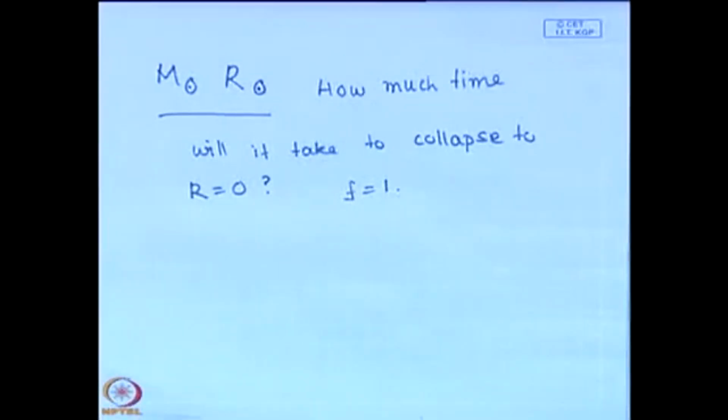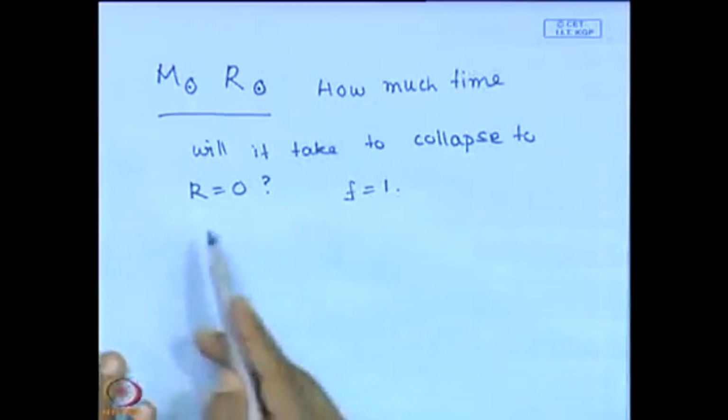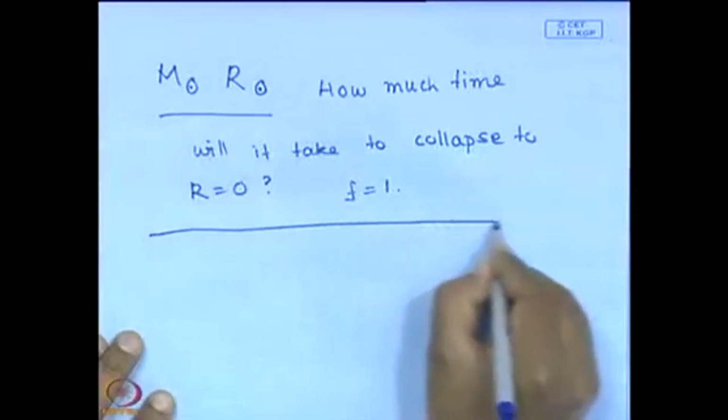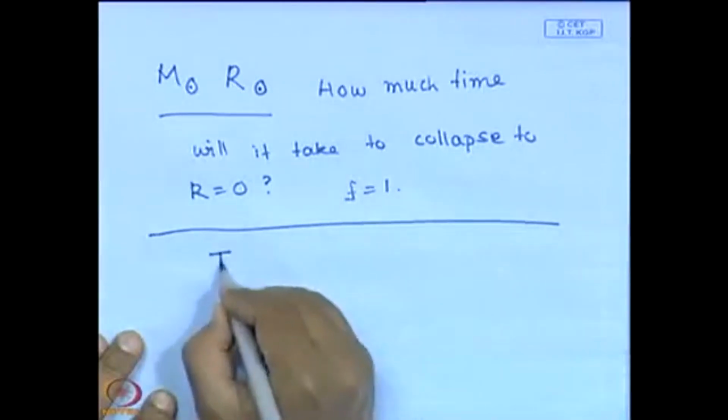Okay. So, the question is then why? How come you get such a ridiculously small time for such a massive object to radiate away all its energy? You can actually work out the reason if you estimate what the starting T virial is.